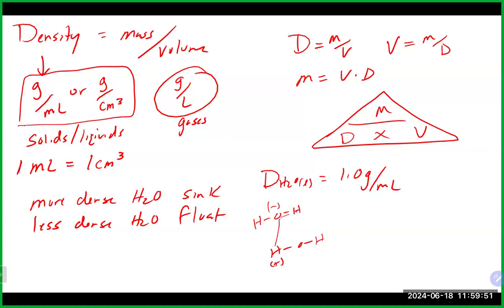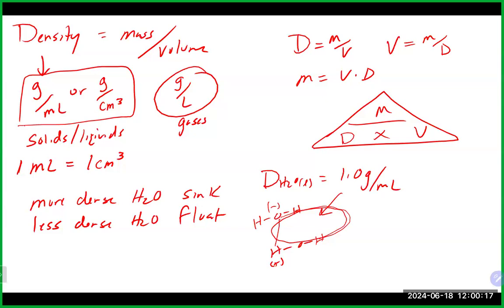What happens in ice is that this hydrogen bonding creates a lot of open space between the different water molecules. When they lose energy, they just can't close in on each other because of that really strong hydrogen bonding. It creates a lot of empty space within the ice. If you think about density, that creates a larger volume, because there's a lot of empty space making up more volume.